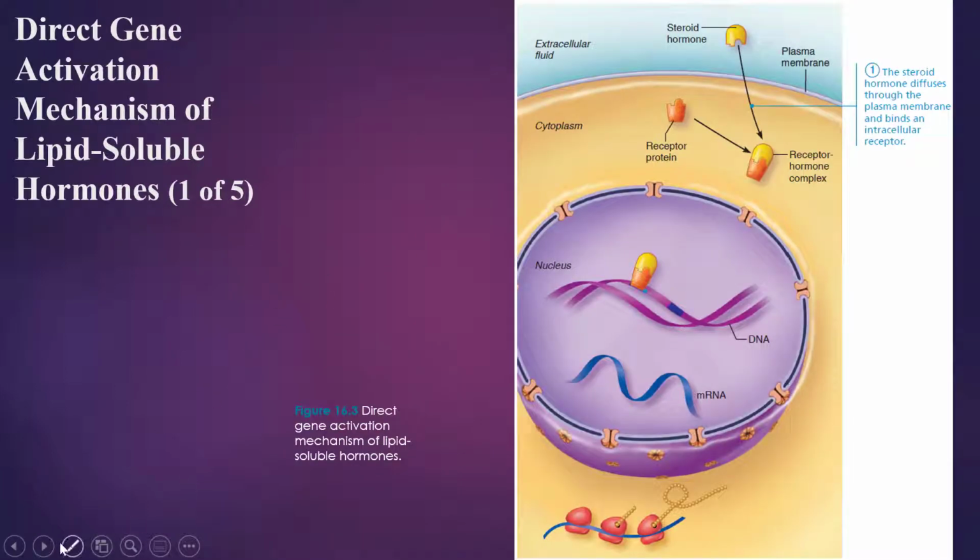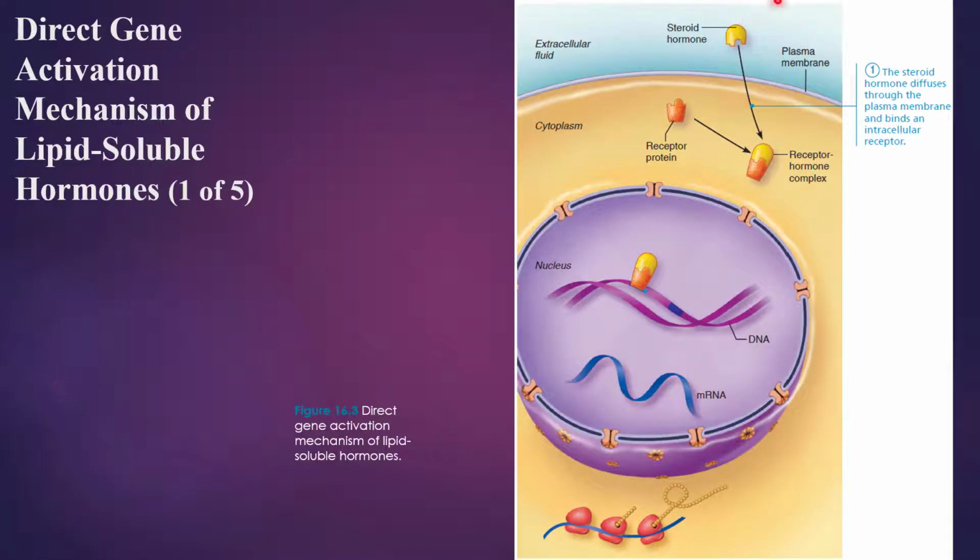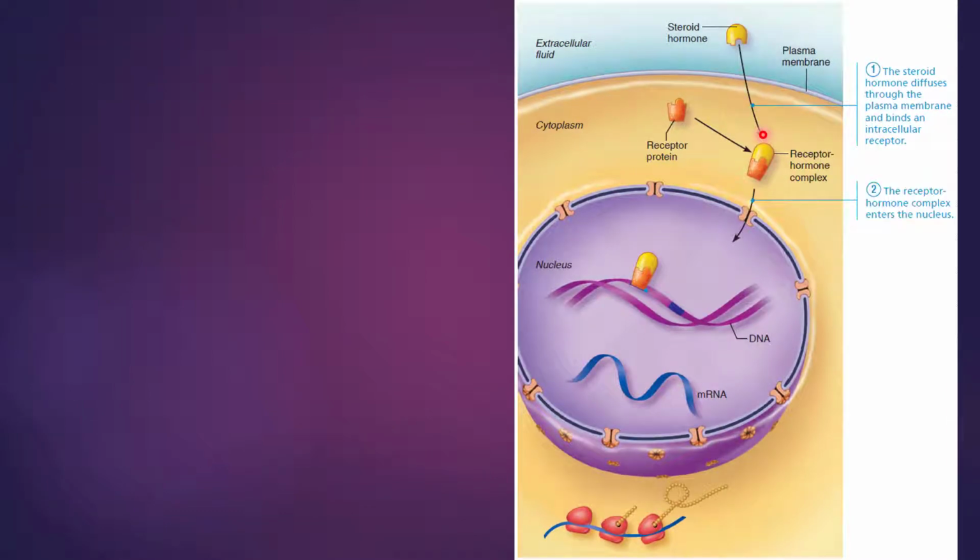And this is a good view of the direct gene activation mechanism of lipid-soluble hormones. First, you have your steroid hormone specifically diffusing right there. It diffuses right in, and the receptor-hormone complex would enter the nucleus.